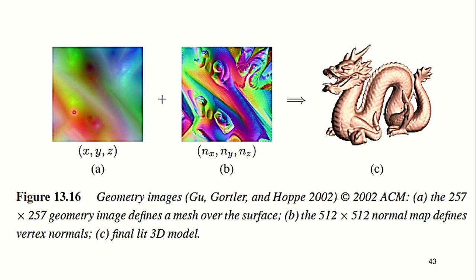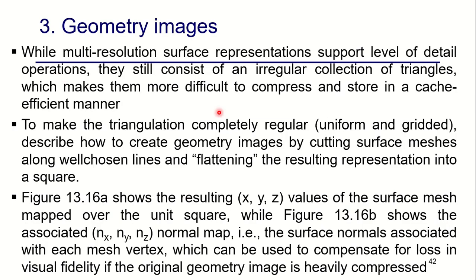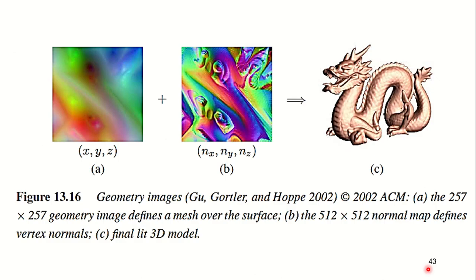Part B shows the associated normal maps, that is, for the corresponding points x, y and z, the normals are nx, ny and nz. These are the surface normals associated with each mesh vertex, which can be used to compensate for loss in visual fidelity if the original geometry image is heavily compressed.